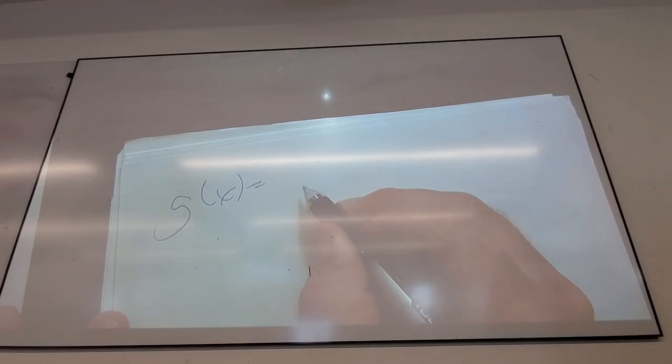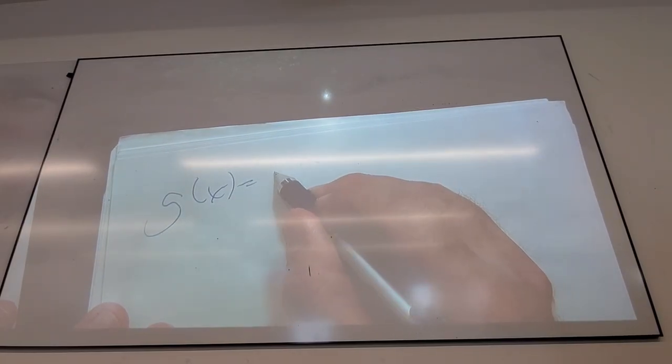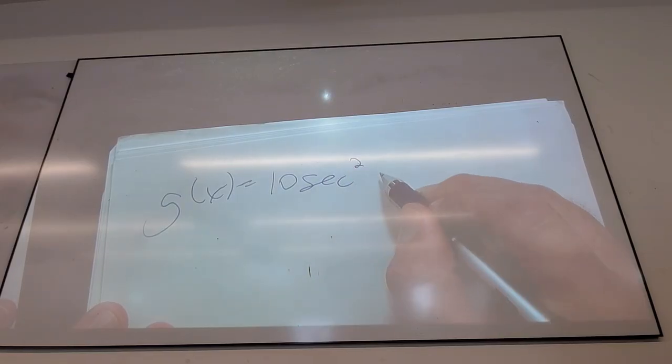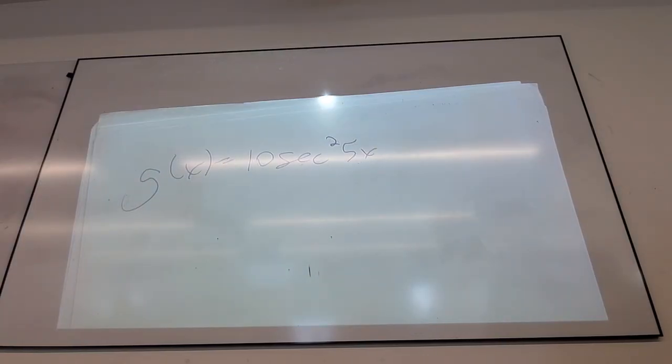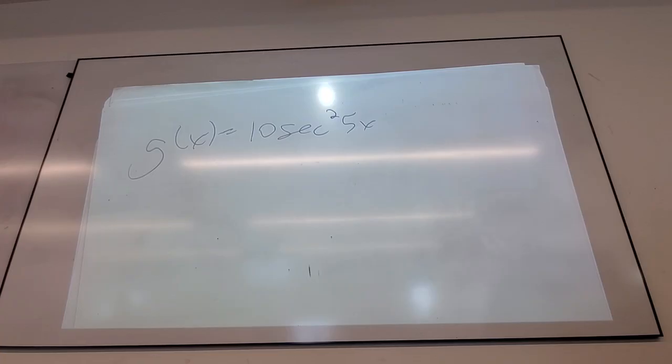I had to give you one of these, something that looks sort of like this. What if I had this? That would be tangent. The most important thing in there is secant squared.